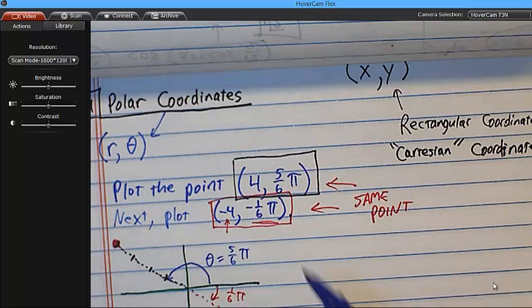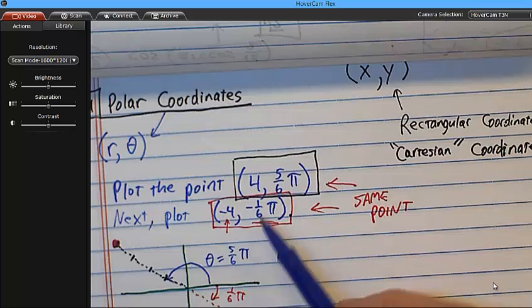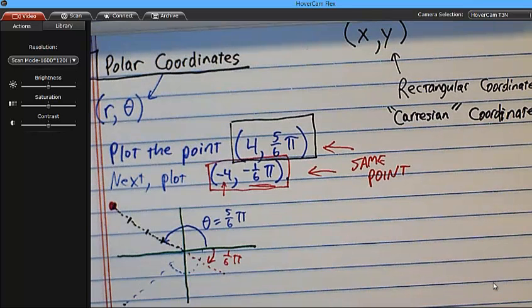So let's see what would happen. If I did negative 5/6 pi, that would push me around over here, right? And now if I move 4, I think I would be here. So it's not quite the same point, is it? But you know what I could do?